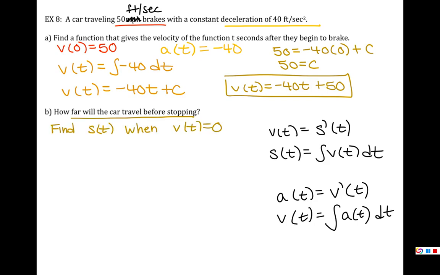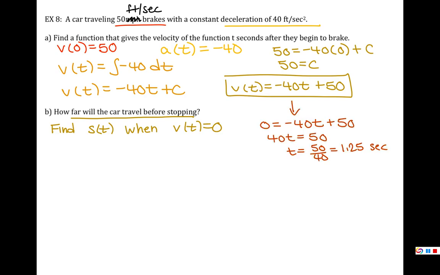In other words, this is what I tried to say in a little bit more compact form. This problem is asking us to find the position, s of t, at the time that v of t, or velocity, equals 0. So the first thing I'm going to do is figure out when the car stops.